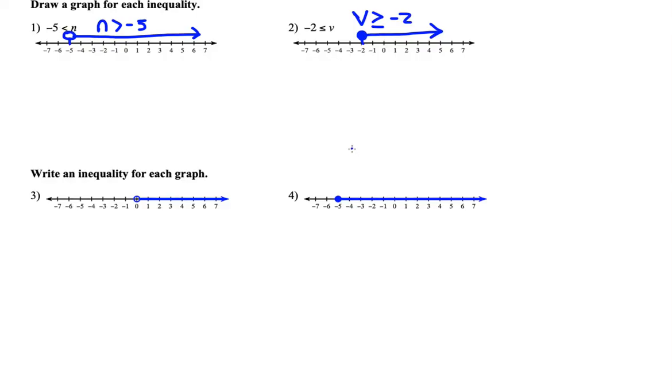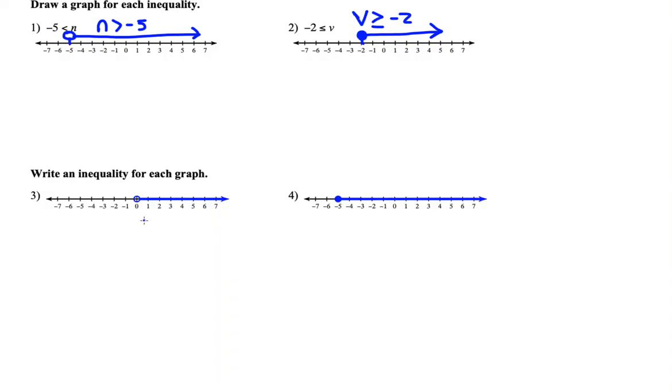Problems 3 and 4 are just like 1 and 2, except backwards. Instead of having an inequality and drawing a graph, it gives us a graph and wants us to draw the inequality. So for problem number 3, 0 is not a solution. You can see how that's open.